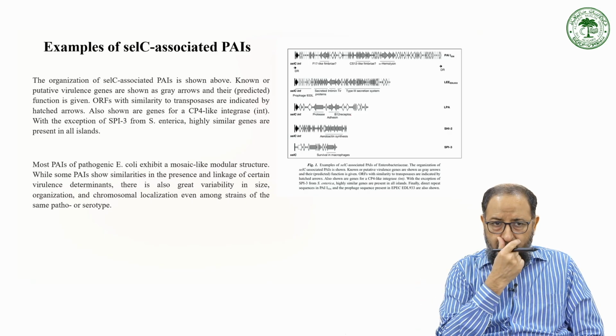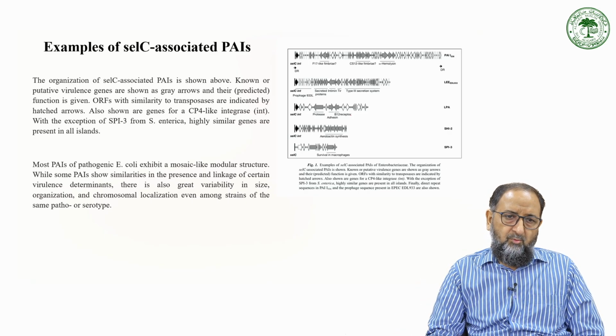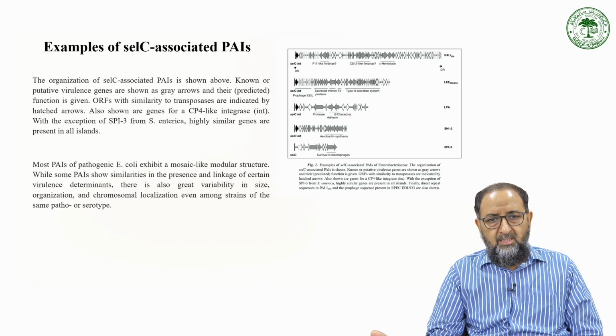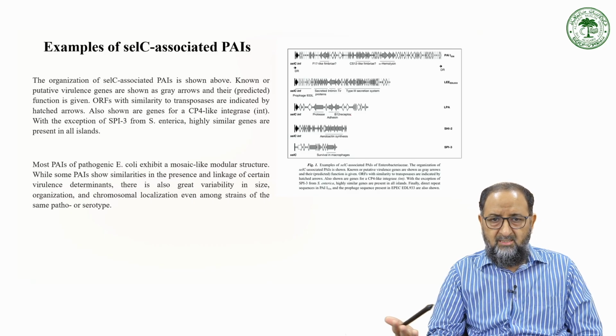Now, most PIs, that is most pathogenic islands in pathogenic E. coli, show mosaic-like modular structures, right? Whereas in certain cases, these pathogenic islands show similarities in the presence and linkage of certain virulence determinants.